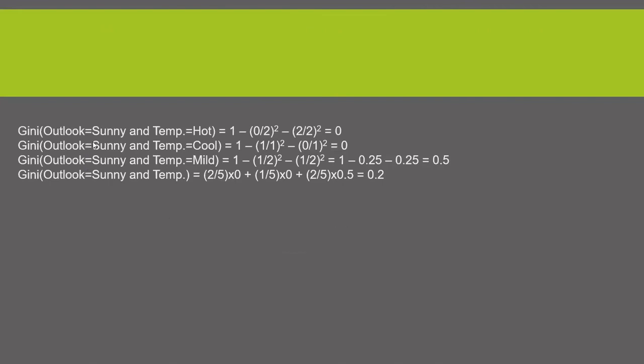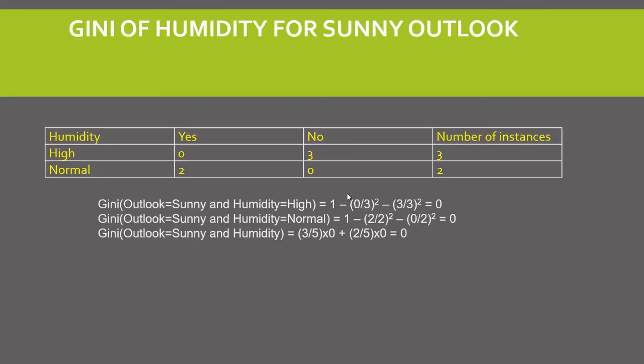Now Gini of outlook equal sunny and temperature equal hot: how many times we have no, how many times yes. You write the probabilities here. For cool and mild, overall for sunny, and temperature, the weighting factor is taken, and 0.2 has come.